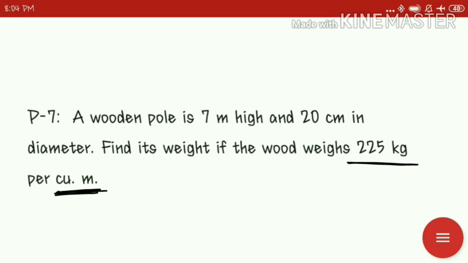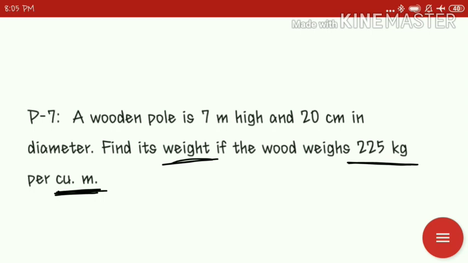Or in the conceptual form, weight means the amount of wood material content inside the pole. So whenever we are going to find out the material content inside any solid object, we need to find out the volume of it. It's very simple.